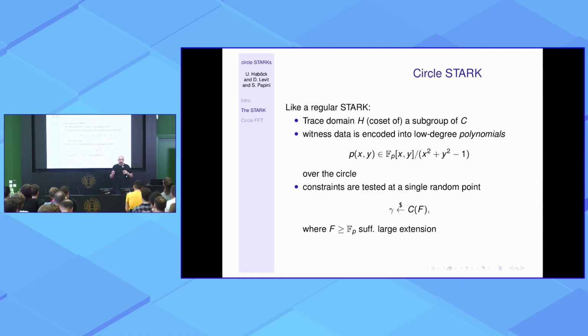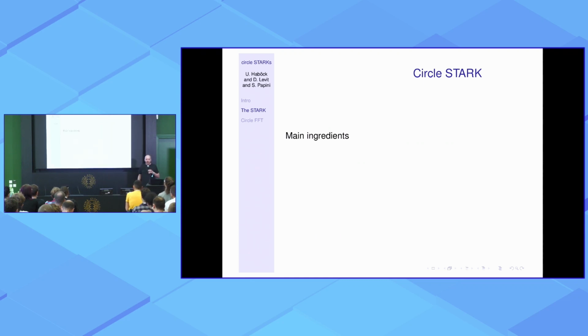You sample a random point. The whole space is the circle curve. You sample it on the circle curve, over a sufficiently large extension for soundness. And then you test the constraints at this point. So this is the Circle STARK. This is how it works. And it has two main ingredients.